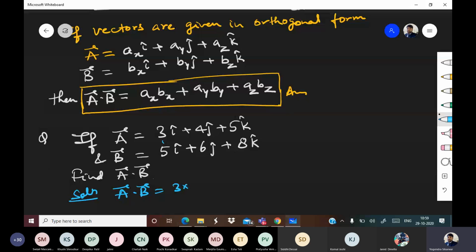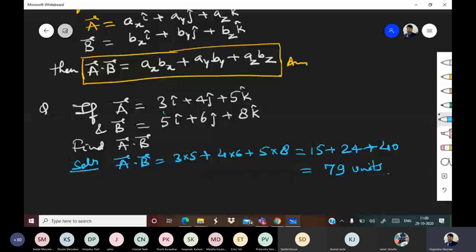So that comes out to be 15 plus 24 plus 40, and that comes out to be 79 units. All right, Siddhi, understood? Good.